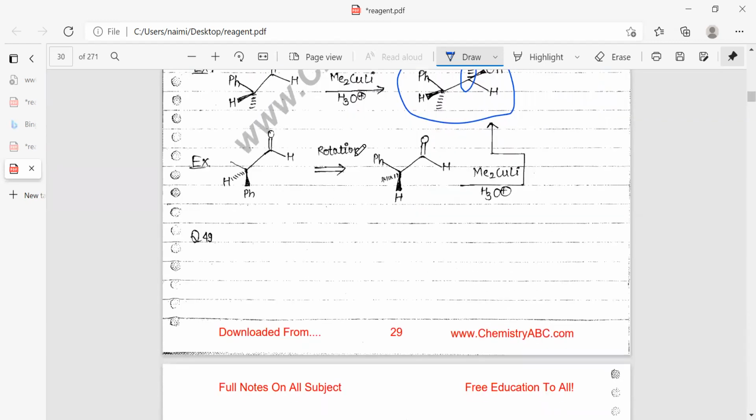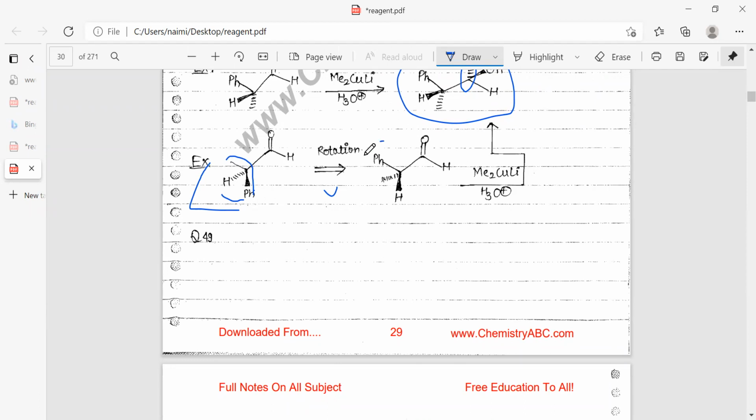So according to this, you can see here, first of all, rotation takes place, and after rotation this phenyl's position will differ. Hydrogen will come on this position, and phenyl will be replaced by methyl, and methyl will be replaced by phenyl.